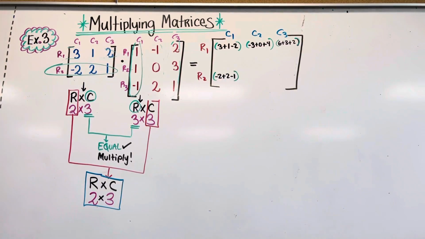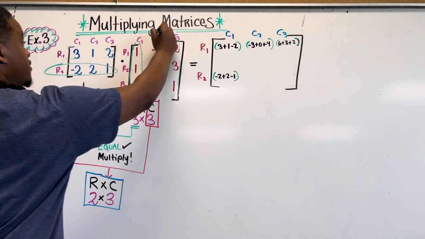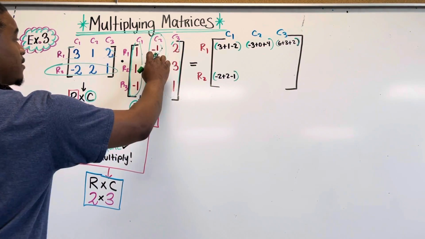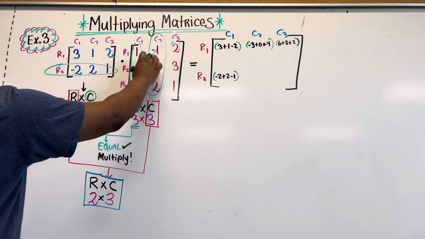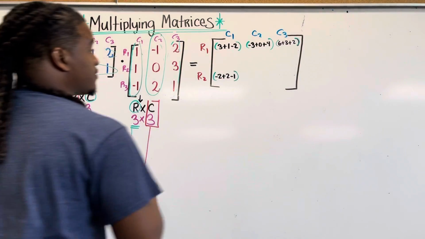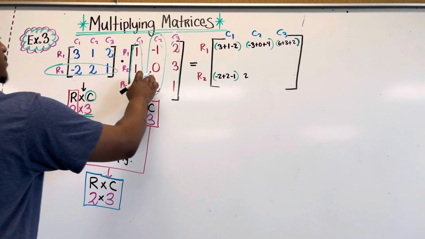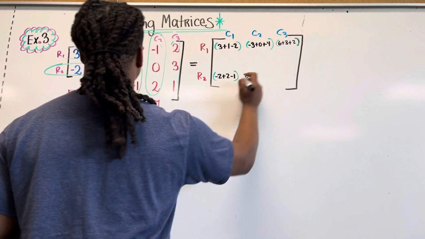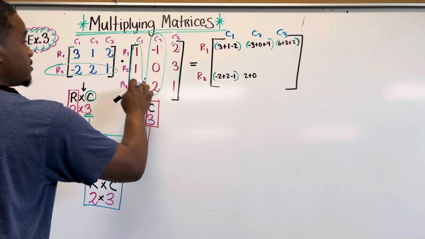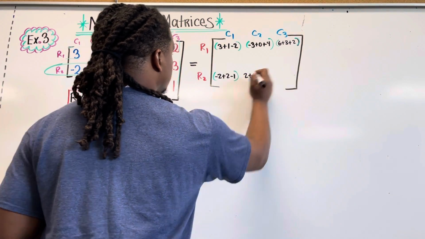Let's go to column number 2, this particular column. Negative 2 times negative 1 is positive 2. 2 times 0 is 0. 1 times 2 is 2.